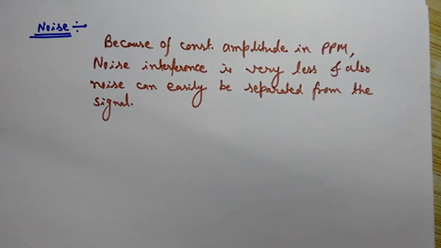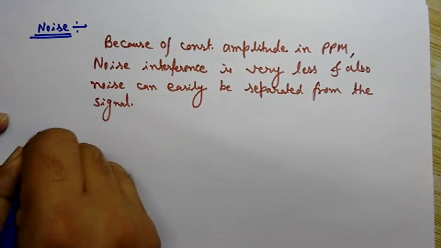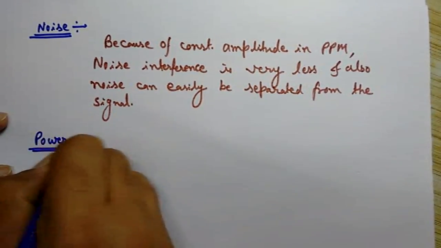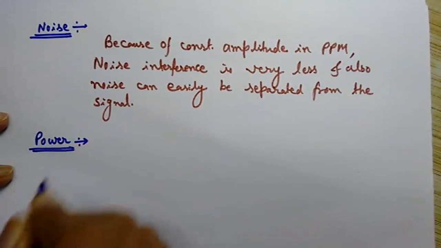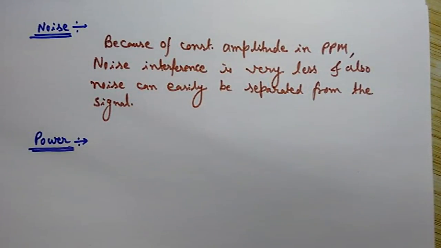So this was about noise. Let's now discuss the power of PPM, the power requirements. In PPM, as we have seen that the amplitude and widths remain constant, therefore the transmission power for each pulse is same.